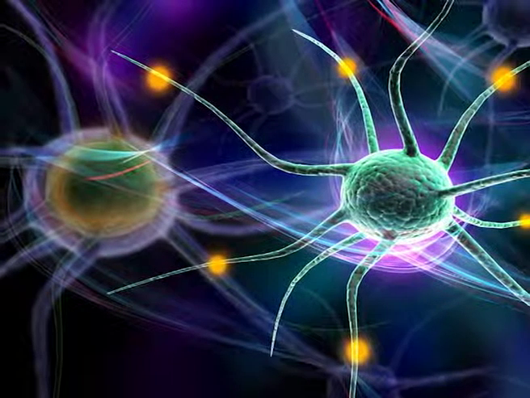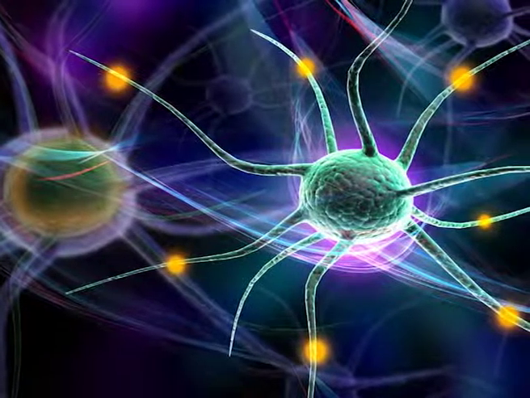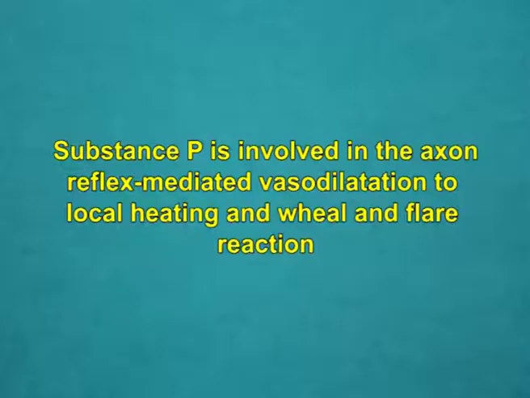Substance P induced vasodilation is dependent on nitric oxide release. Substance P is involved in axon reflex mediated vasodilation to local heating and wheal and flare reactions. It has been shown that vasodilation to substance P is dependent on the NK1 receptor located on the endothelium.